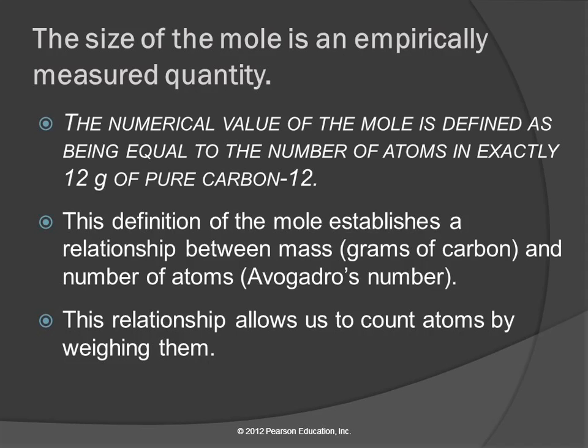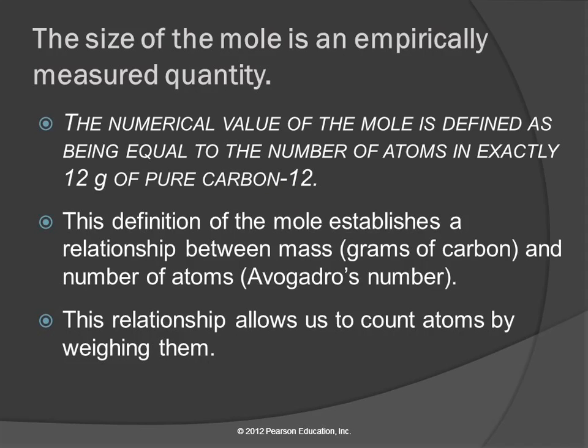The number 6.022 is not an exact number. That has been measured. It's actually known to more digits than that, but we don't really need to know them for this level of chemistry. But the numerical value is defined as being equal to the number of atoms in exactly 12 grams of pure carbon-12.